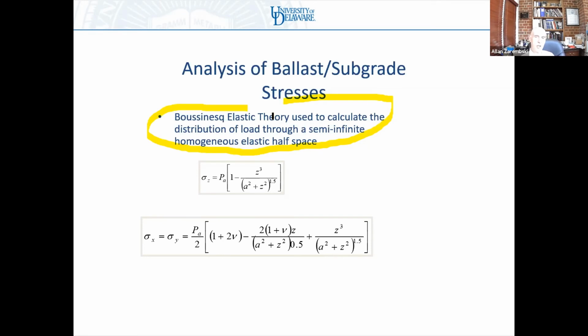So this basically assumes the ballast layer is a semi-infinite elastic half space. You apply a load, again, P sub A is the load underneath the tie. And here we now enter into the shear behavior of the elastic half space.